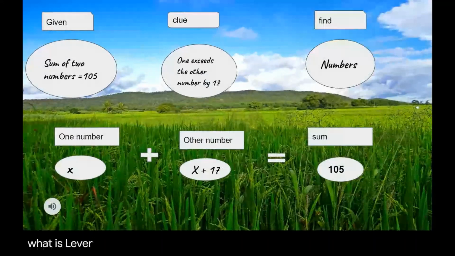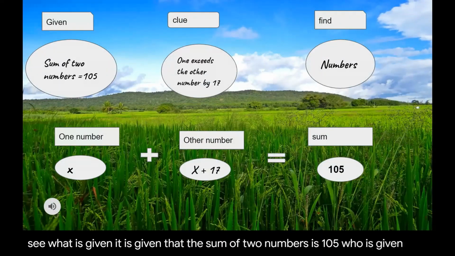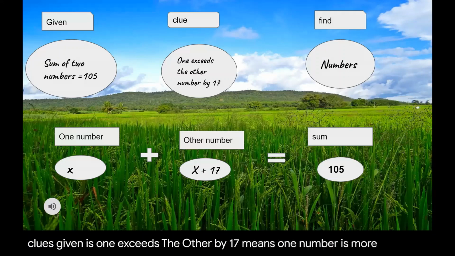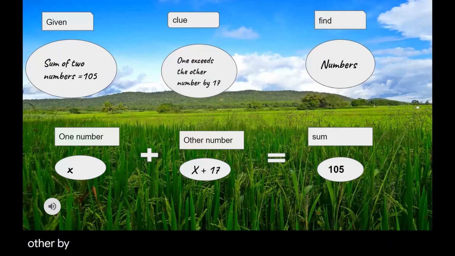Here it is given that the sum of two numbers is 105. Then any clue is given? Yes. The clue given is one exceeds the other by 17. Means one number is more than the other by 17. So we have to add there. Then what we have to find? We have to find the numbers. Both the numbers. So that is our unknown values.